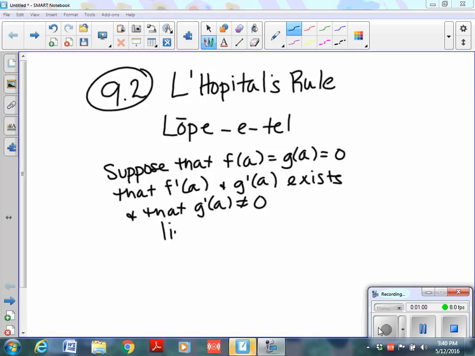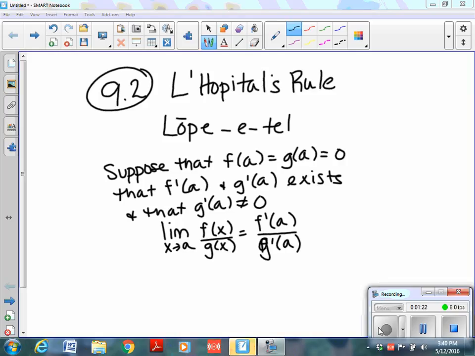The limit of f of x over g of x as x approaches a is equal to f prime of a over g prime of a.